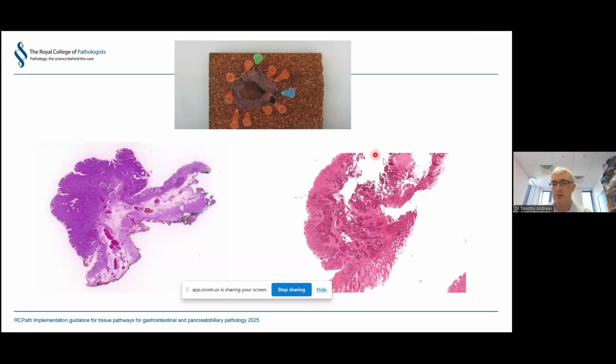Unfortunately, and I will say this wasn't really the pathologist's fault, this has been somewhat damaged by diathermy at the time of removal. But as you can see, it is a much less interpretable specimen, and much less useful information is likely to come from it. And so the correct handling of these orientated specimens is emphasised.